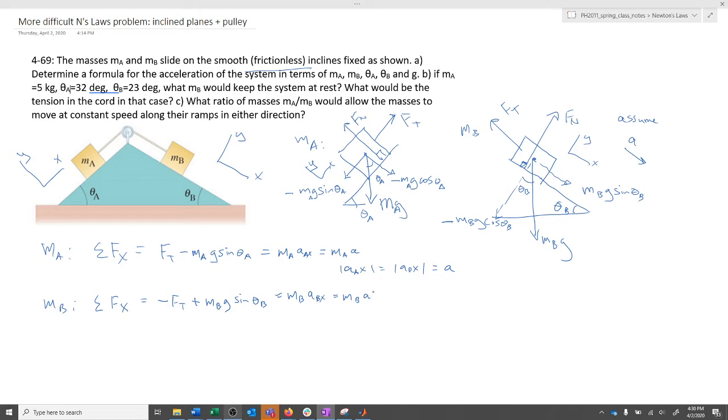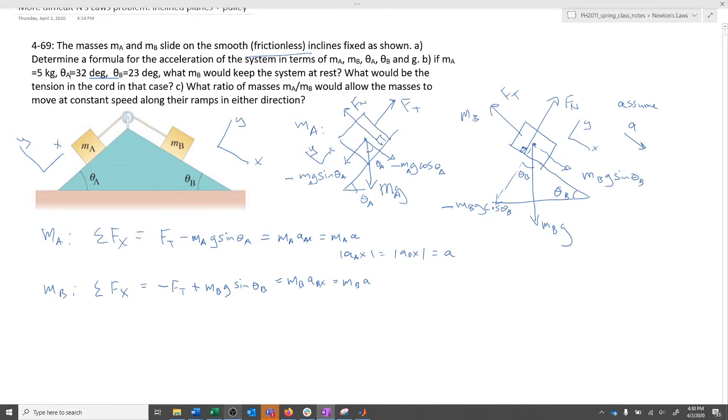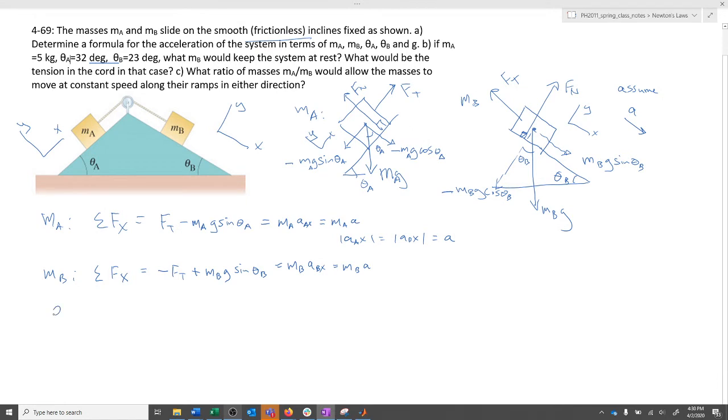Okay. So now what do we have? We have two equations, two unknowns. We don't know either the tension or the acceleration.